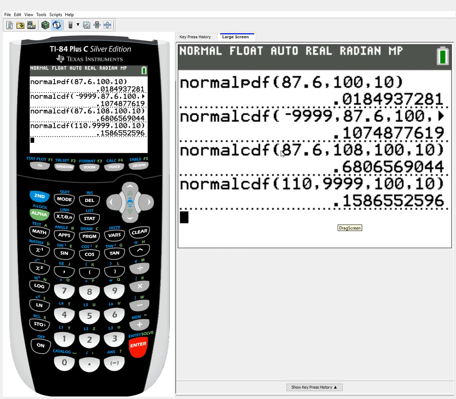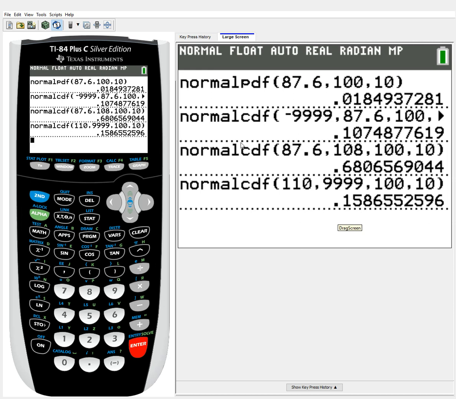For example, the second thing that I had was normal CDF of 87.6 to 108. Well, I know that there's 68% between them. So if I think about complement-wise, there should be about 32% outside of that.